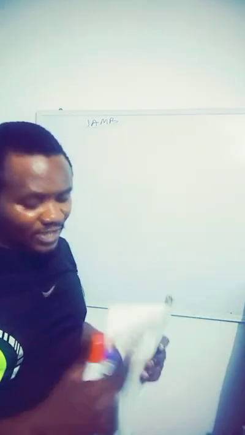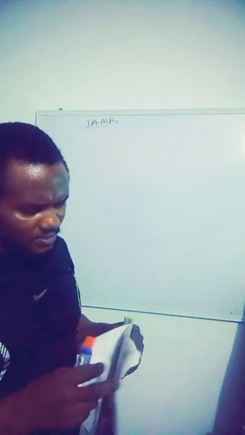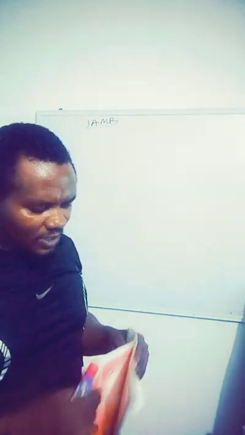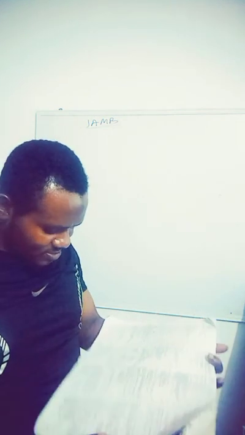Does anyone know the method used in getting the quadratic formula? Drop it in the comments below. I don't have much time to go into all that subject for now.